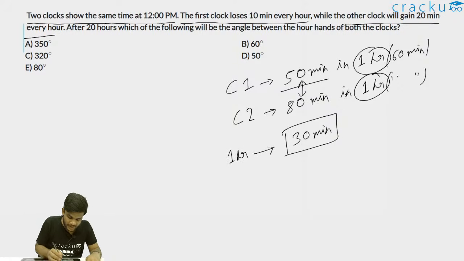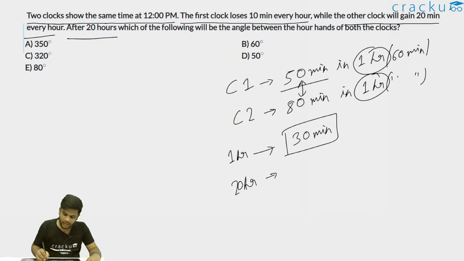We have to find after 20 hours. So that means in 20 hours, the difference in the time will be 30 minutes into 20, which is 600 minutes. Now 600 minutes, if we divide it by 60, will be 10 hours.